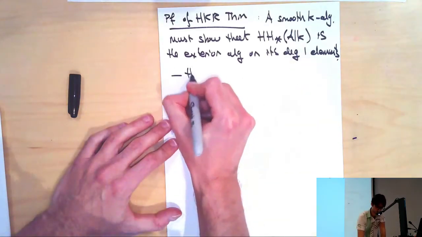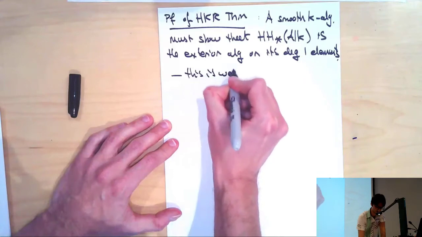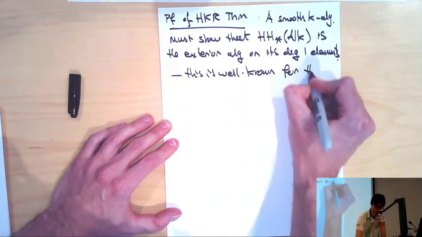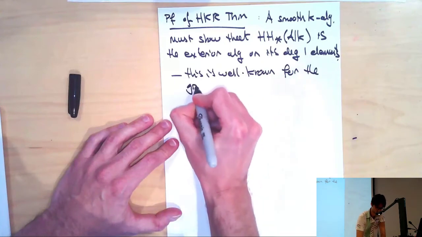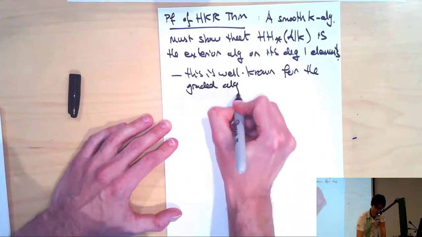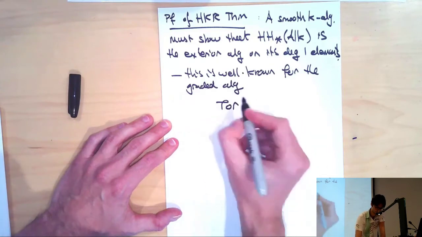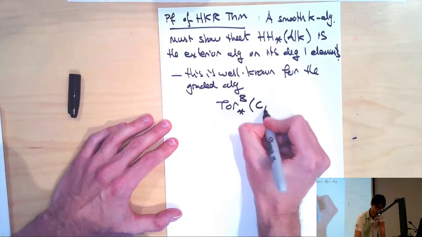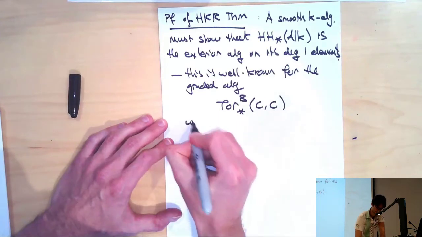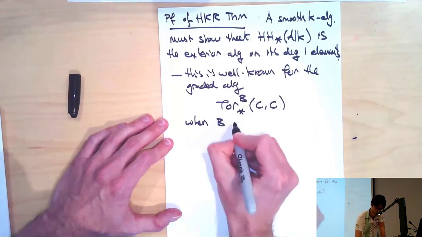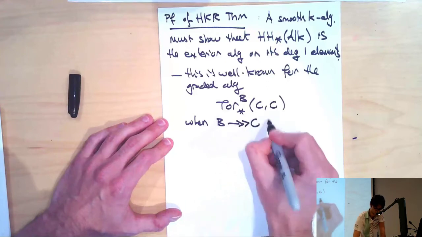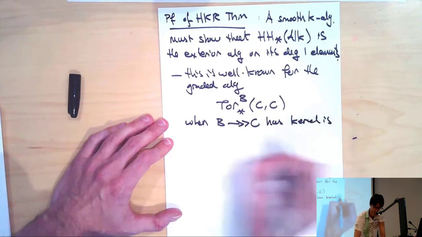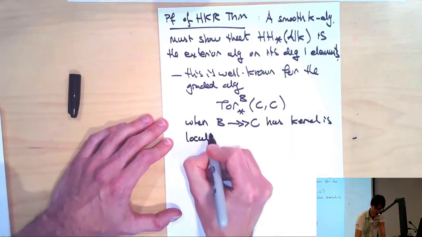And now I can just cheat and say that something is well known. This is well known for the graded algebra in which I look at Tors. Let's look at some Tor algebra that looks like this when I have some surjection whose kernel is locally generated by a regular sequence.